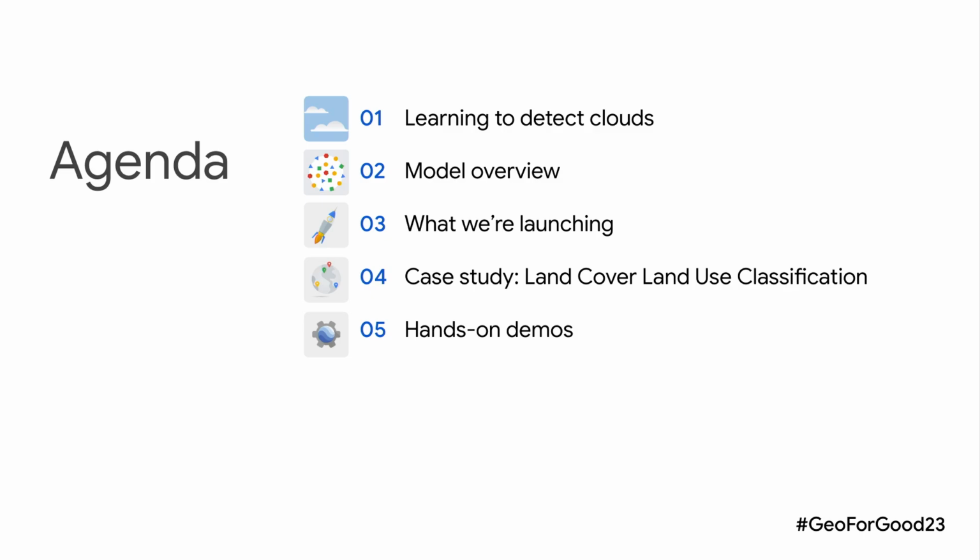A lot of you came to visit us at the demo station yesterday, had questions about the model itself. It is a deep learning approach. So we're going to tell you a little bit more about what's under the hood. Then we're going to get into the specifics of the data products and this awesome new function we have that makes working with the Cloud Score Plus collection easier than ever. So what we're really launching today here at G4G.